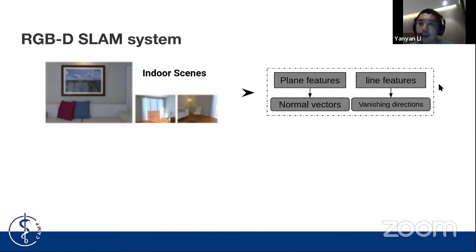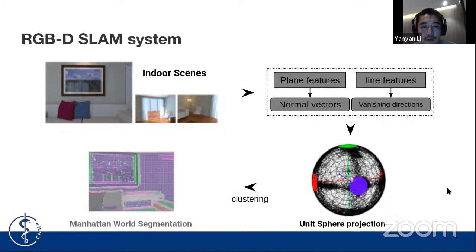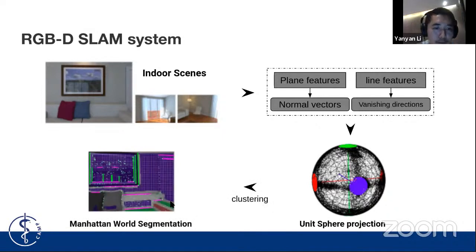And then we have 3D lines. We will use vanishing directions. We also feed those into this unit sphere, and we get a clustering result. You can see different planes. If they are parallel, we mark them with the same color.